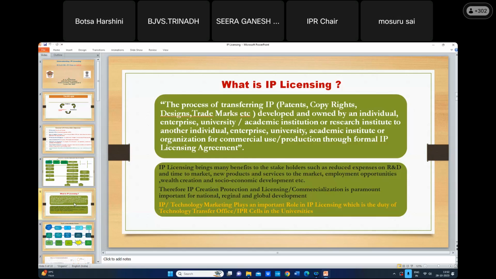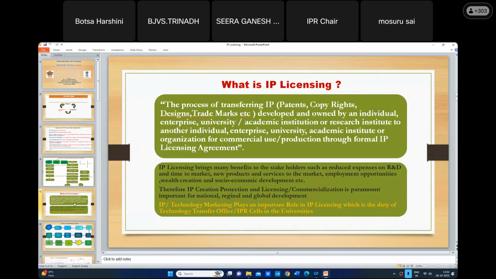If someone wants to use it, you have to license it. That is where you have the rights on that knowledge. So those rights only you are licensing. IP licensing is nothing but licensing your IP rights to a third party to utilize and produce, manufacture, and sell that product or service in the market.